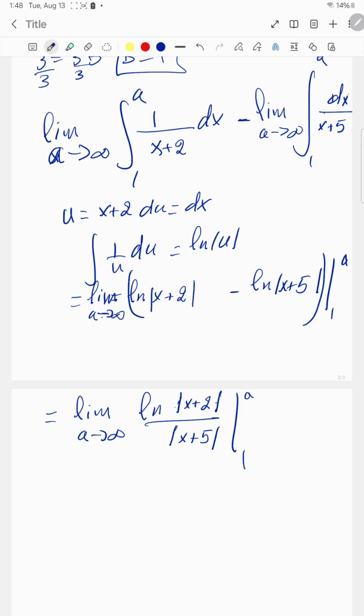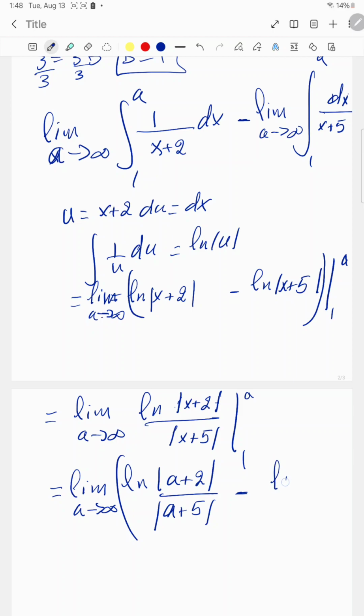So now I have to replace it. It is equal to the limit when a goes to infinity of ln of a plus 2 divided by a plus 5, minus ln of 3 divided by 4.